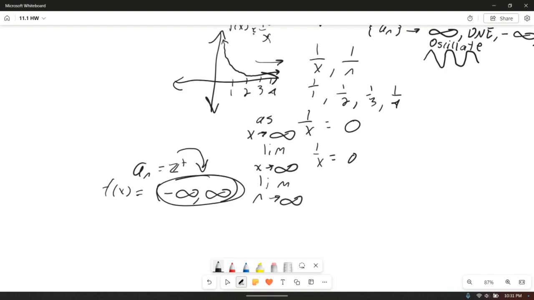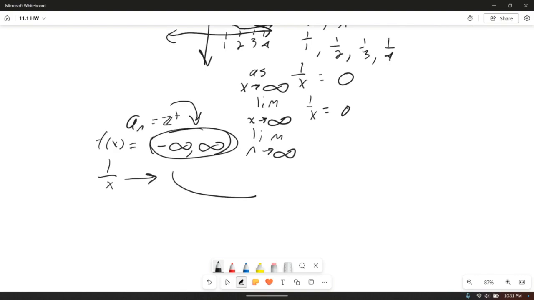So if a property of a function of x, say 1 over x, holds as this approaches infinity, as this goes to the right, you could apply the same rules to a sequence as if it is a function.